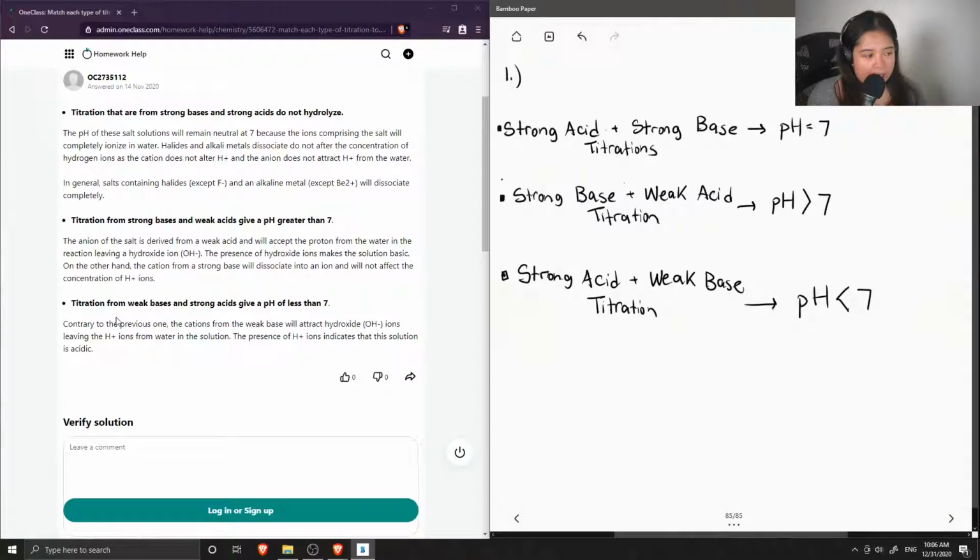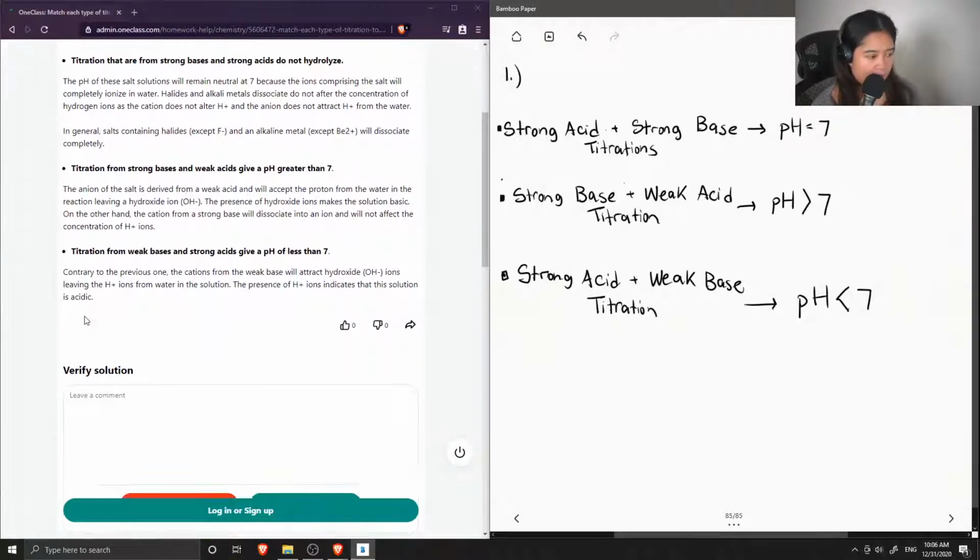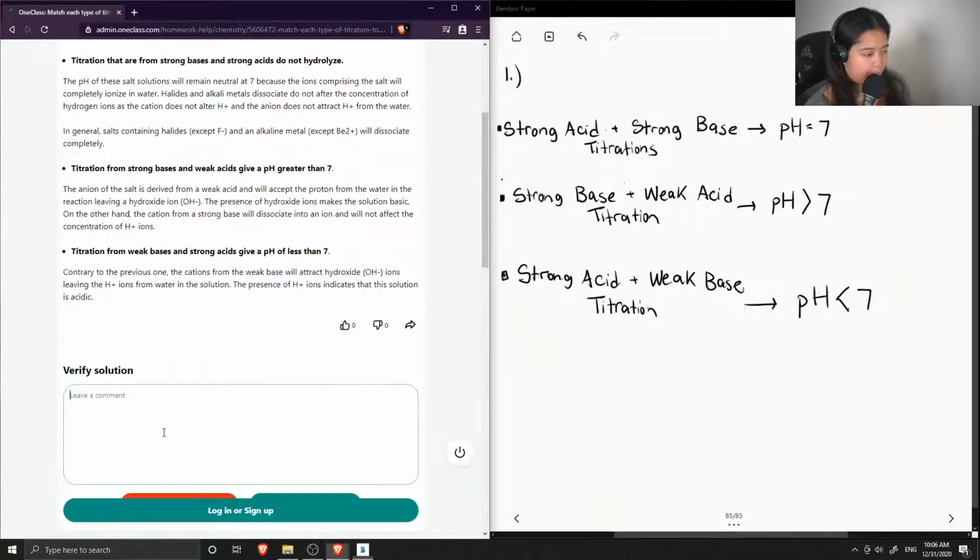On the other hand, the cation from a strong base will dissociate into an ion and will not affect the concentration of H+ ions. Lastly, contrary to the previous one, the cations from the weak base will attract hydroxide ions, leaving the H+ ions from water in the solution. The presence of H+ ions indicates that this solution is acidic. Yep, so this solution is correct.